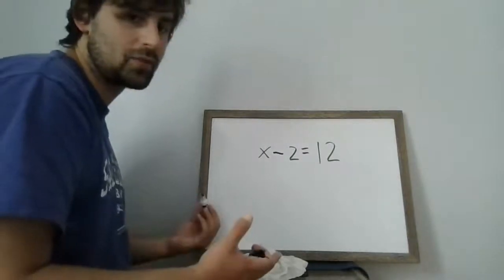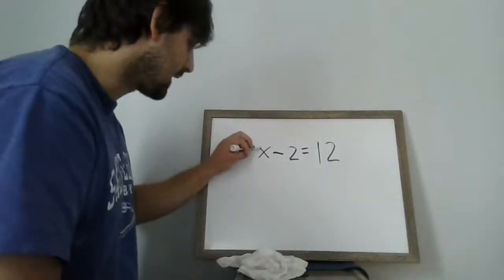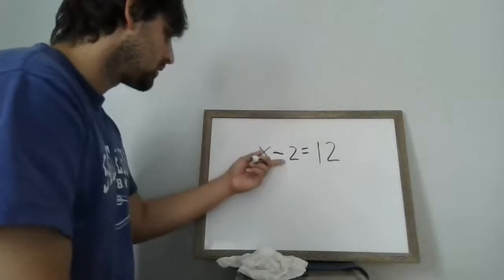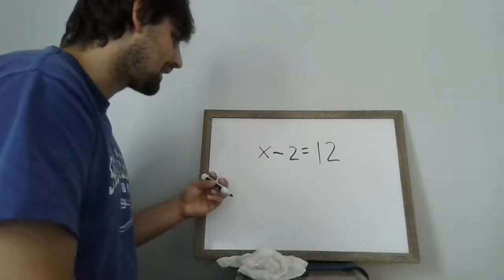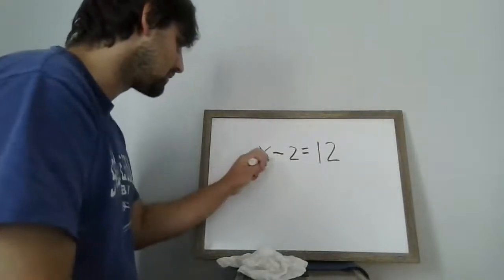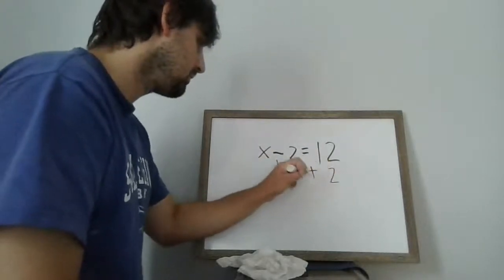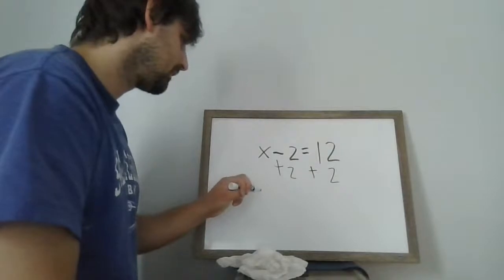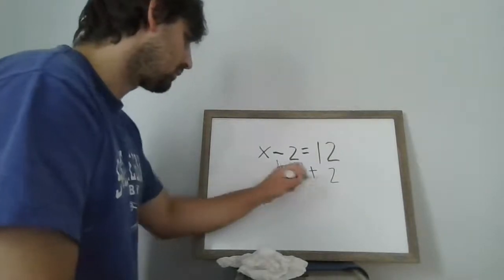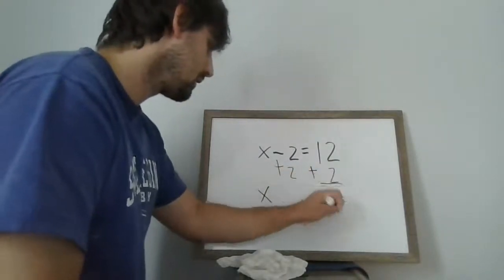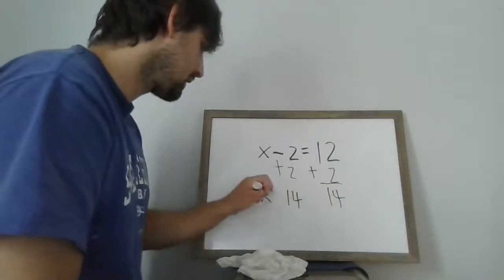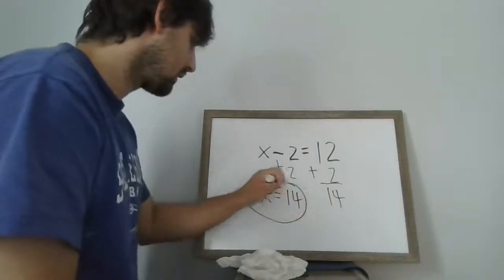I'm doing subtraction examples right now. X minus 2 equals 12. So since the operation is subtraction, we have to add to get it on the other side. So plus 2, plus 2. 12 plus 2 equals 14. So x equals 14.